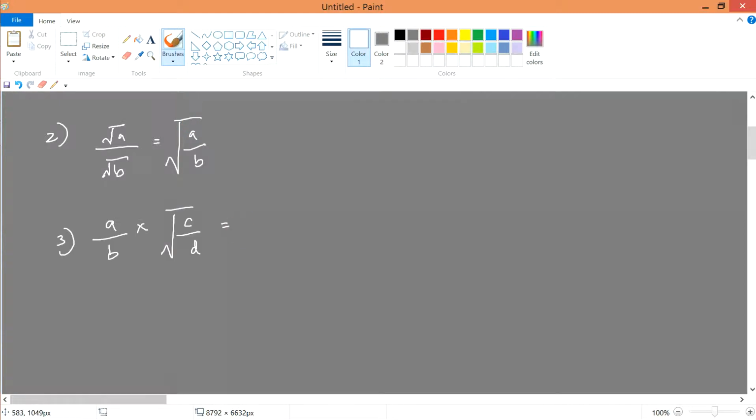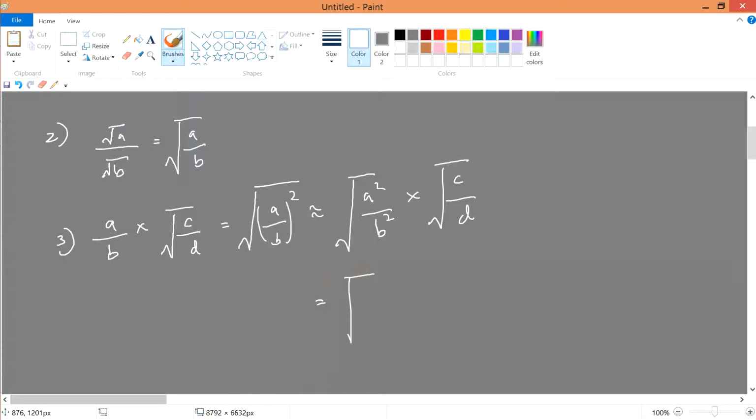Okay, a over b times square root c over d. What the hell is this? Rewrite this whole thing as a over b, square root the whole thing. Alright, and then you can rewrite it as a square over b square times c over d. If you square root them, you're simply multiplying each other into each other.